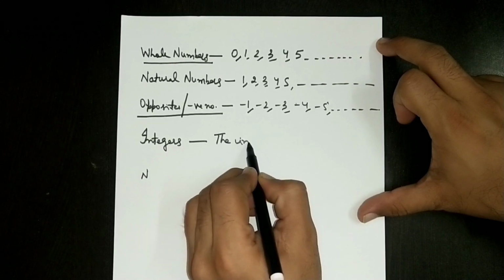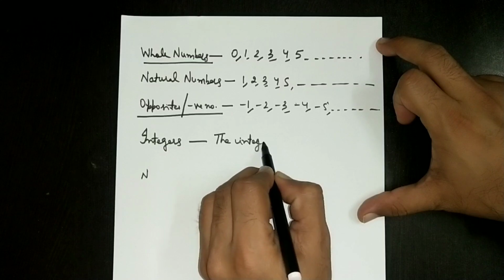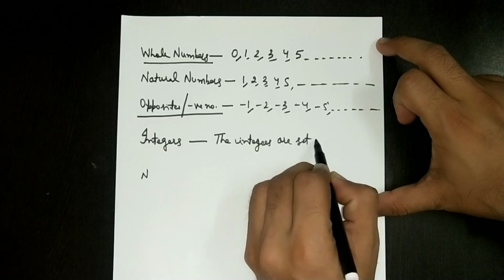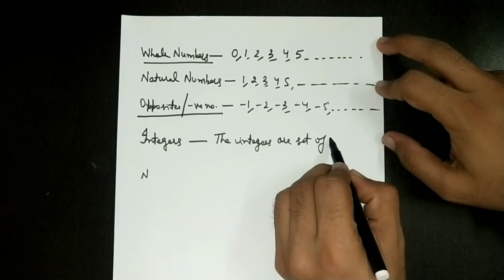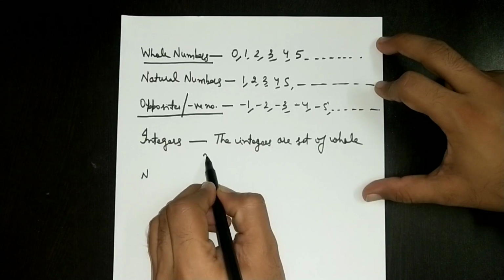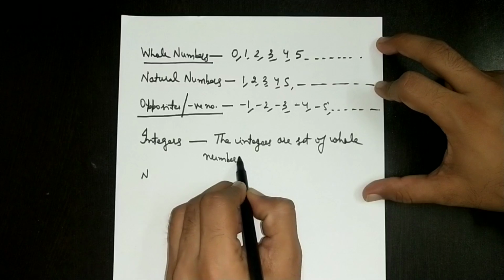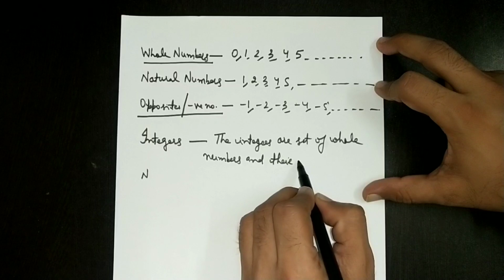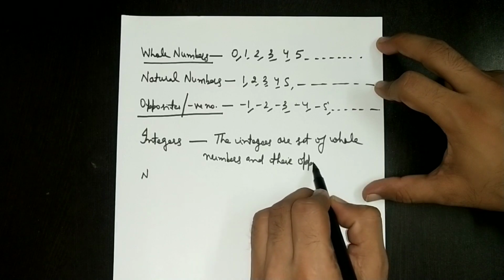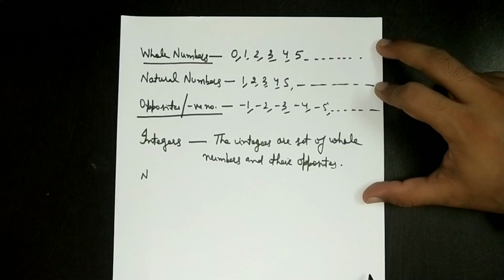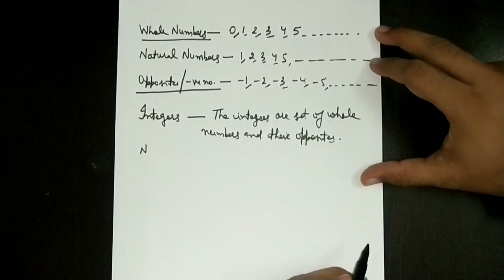The integers are the set of whole numbers and their opposites.